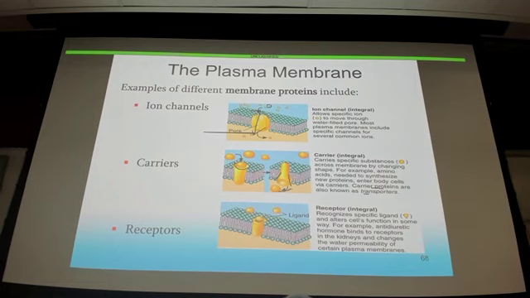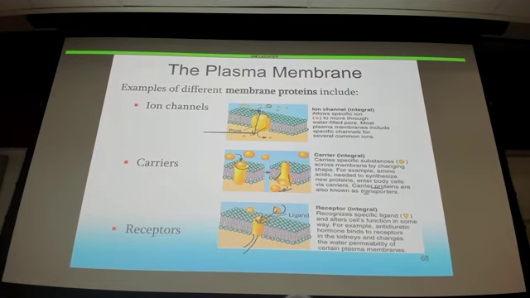We'll talk more about what changing the shape means, but it goes through a change. And then receptors. Receptors are out here on this protein, and they're looking for this ligand to come along. When a ligand binds with that receptor, it's going to cause a change inside the cell, like antidiuretic hormone binds receptors in the kidneys.